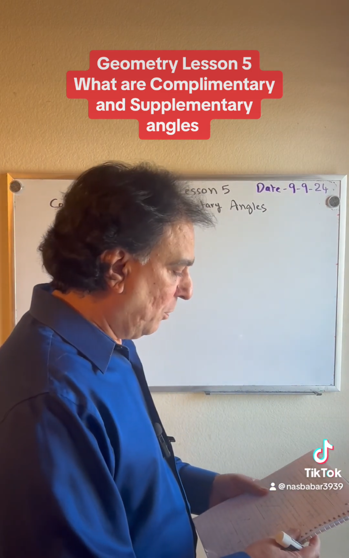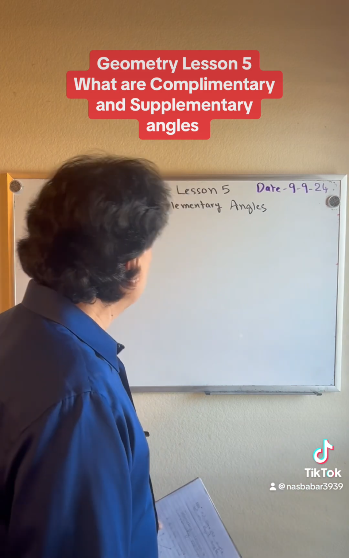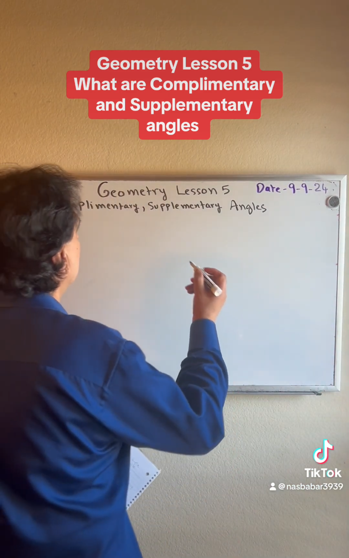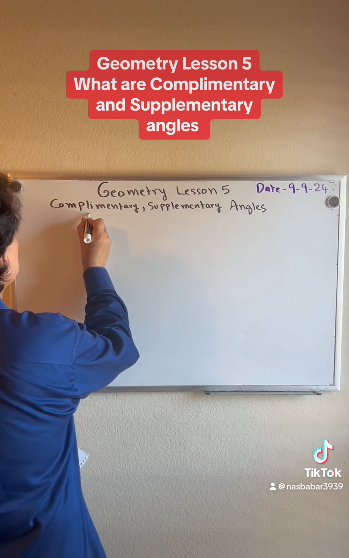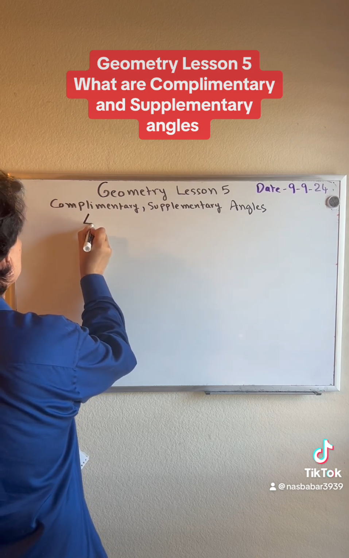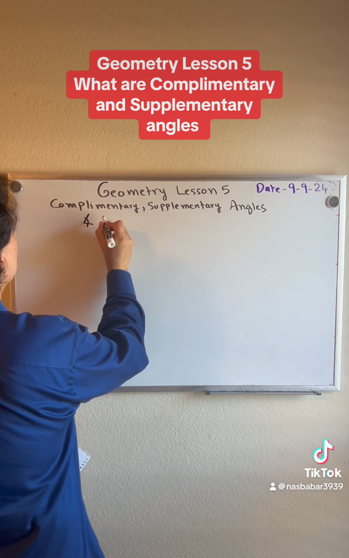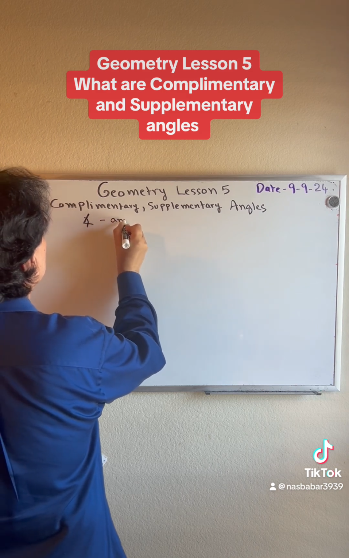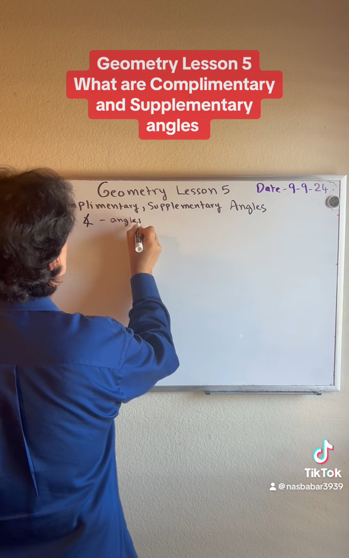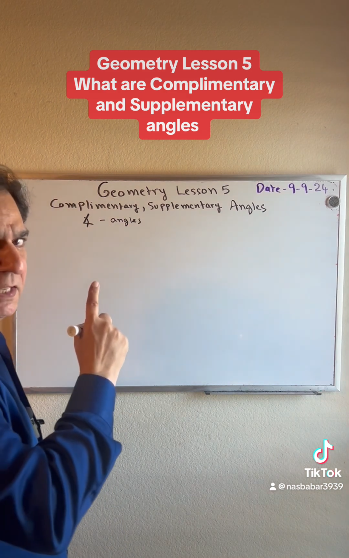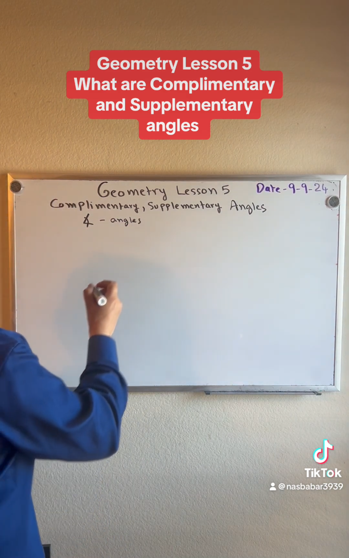So what are complementary angles? Before I start, I would just like to let you know the abbreviation for angles is like this. This is how you write angles. You will probably see me writing something like this. That is the notation for angles.